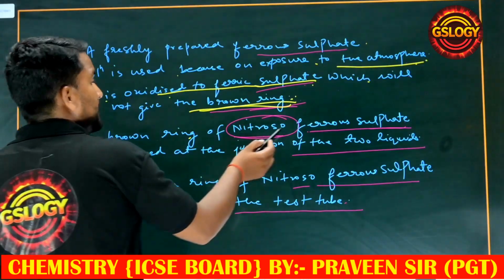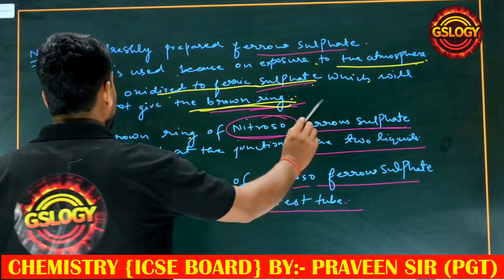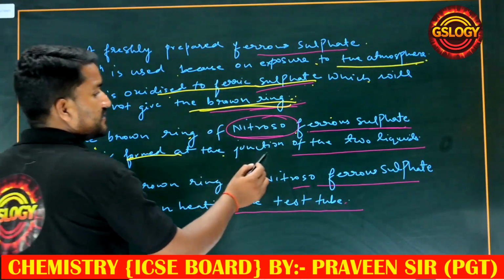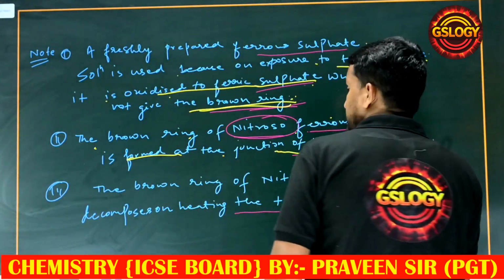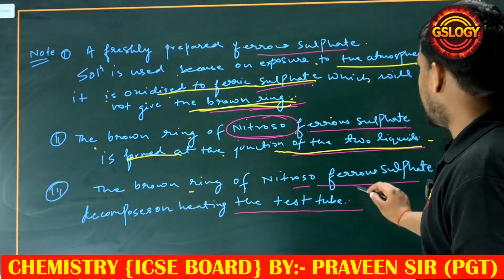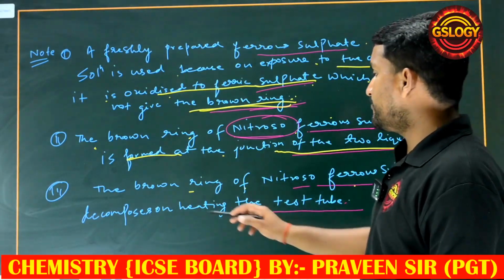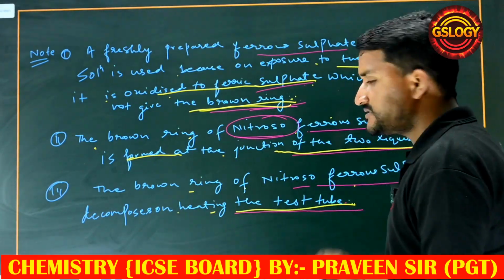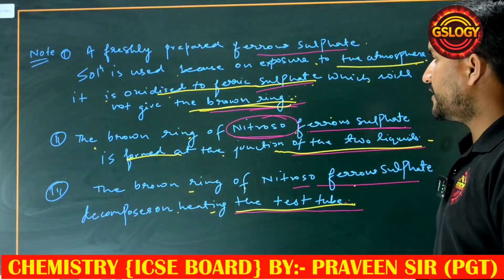The brown ring of nitroso ferrous sulfate is formed at the junction of the two liquids. And the third last point, the brown ring of nitroso ferrous sulfate decomposes on heating the test tube. Okay.